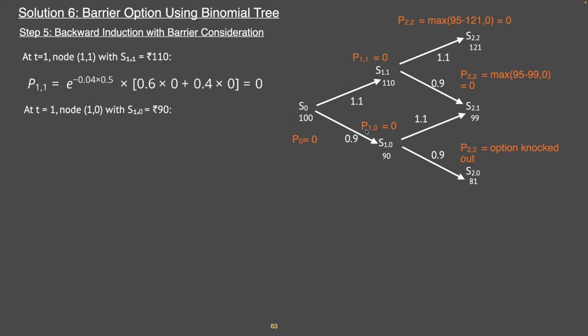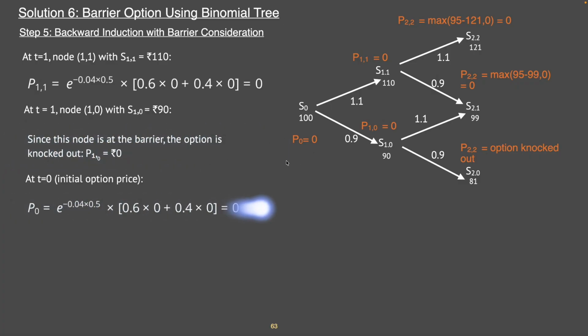However, the value of the option P10 will be equal to 0 because the value of S10 is 90, which is equal to the barrier value of 90. So here the option gets knocked out, or the option becomes worthless. So finally at t equal to 0, the initial option price will be 0. Why has this happened? Why is the option price 0?